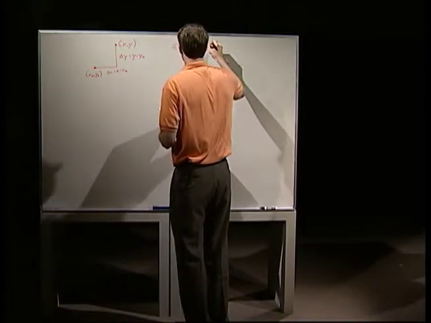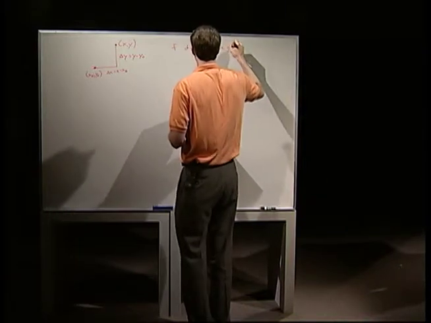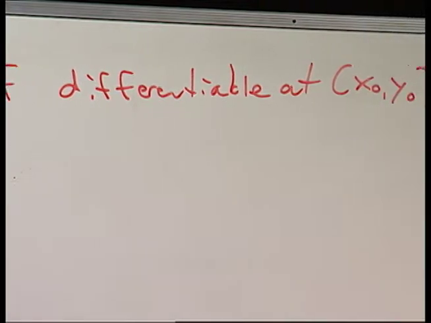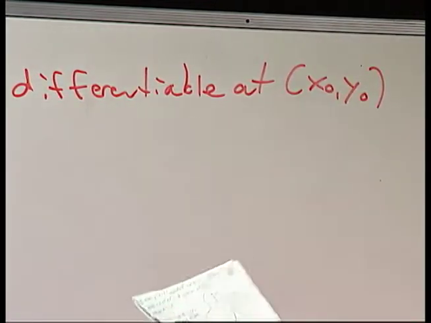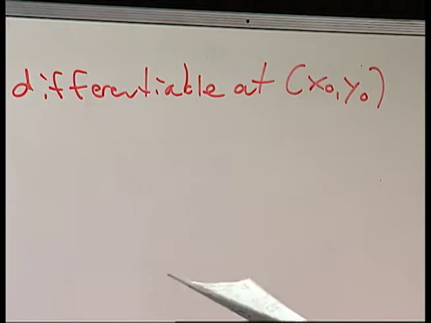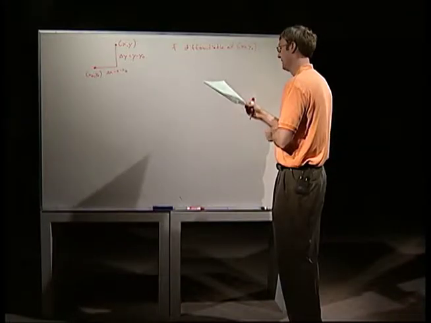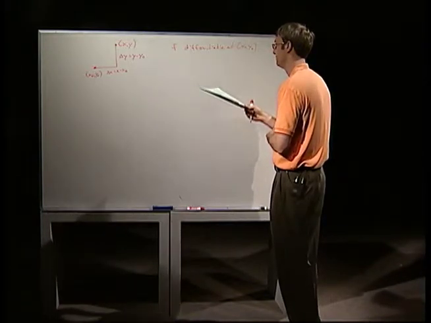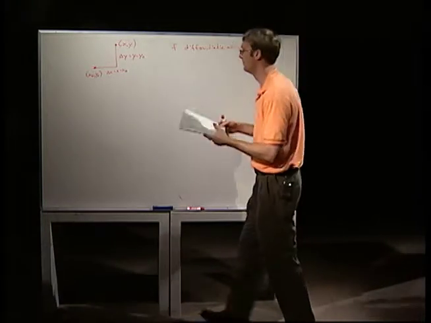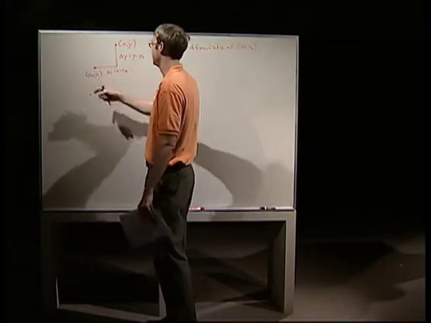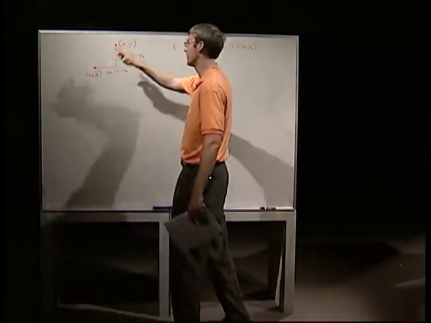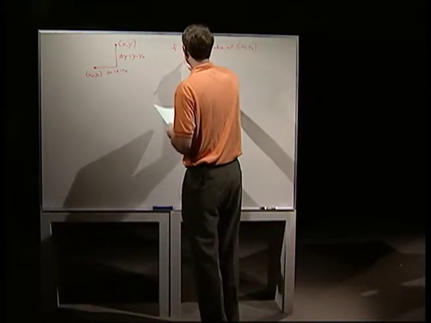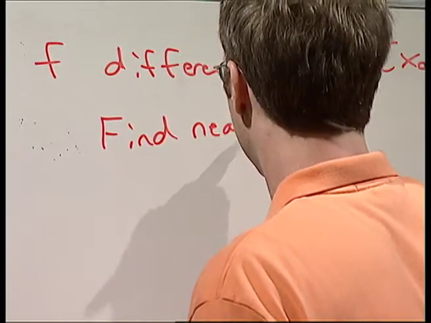It better be differentiable at (x naught, y naught) for this to work. In other words, there should be a tangent plane approximation near there. So I'm starting here, this is the starting point, (x naught, y naught), and this is the nearby point. All right, so at a differentiable point, I find a nearby point (x, y).